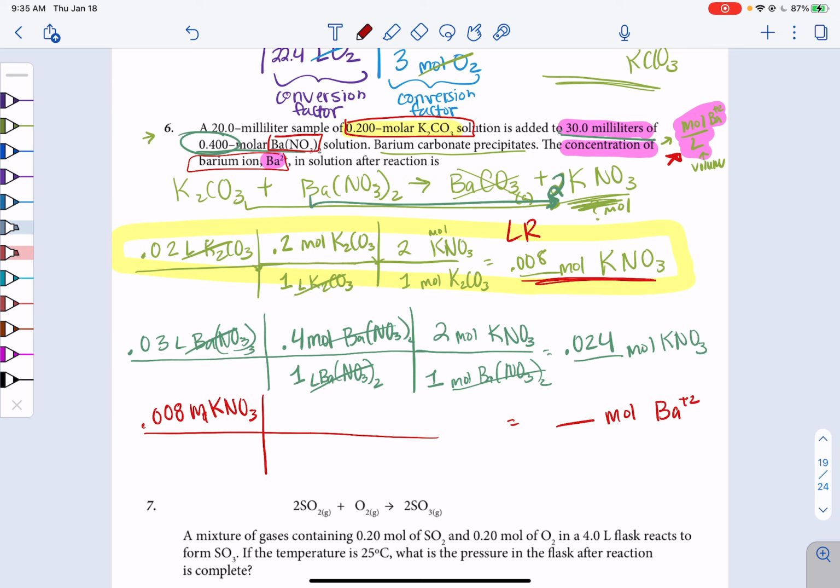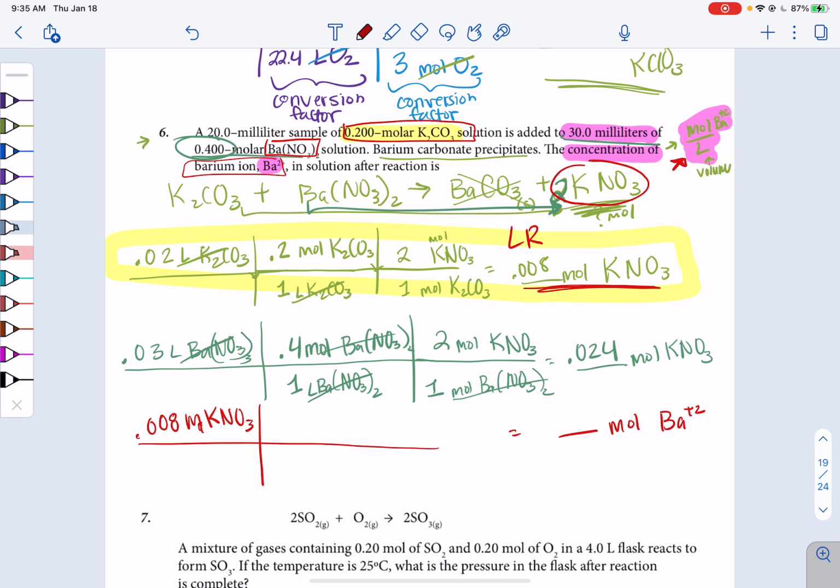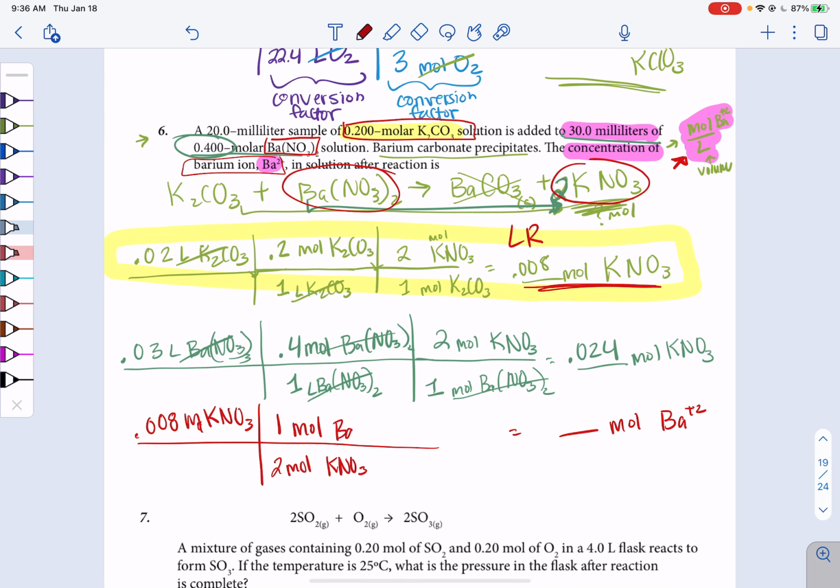Before I can do that, I need to get to moles of barium nitrate because I can go from this compound to this compound based off of the equation. So for every 2 moles of potassium nitrate you make, you used 1 mole of barium nitrate. Now that I'm in moles of barium nitrate, I can switch over to moles of barium because remember this is an aqueous solution, so the barium nitrate is not actually together.